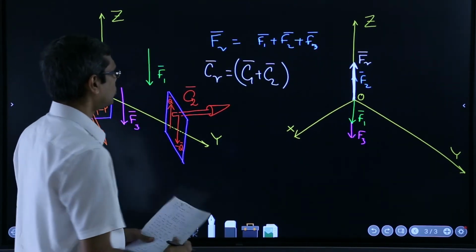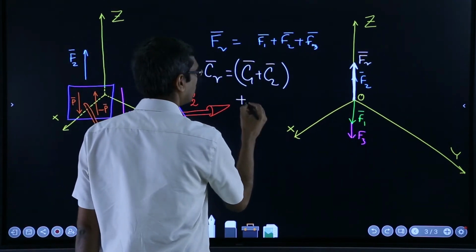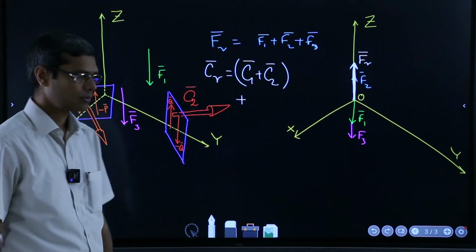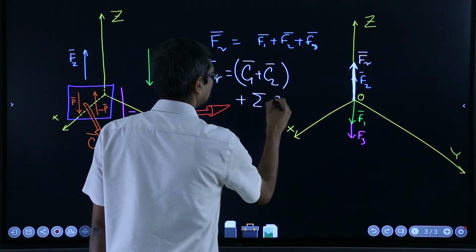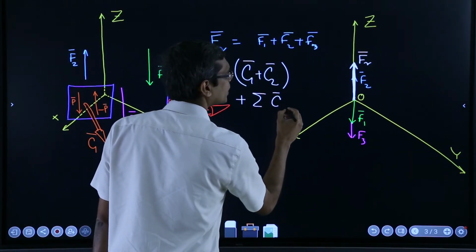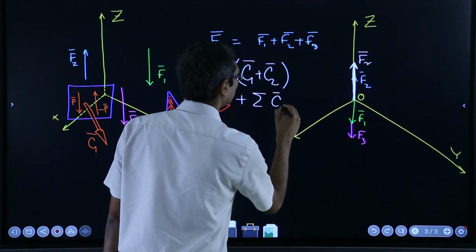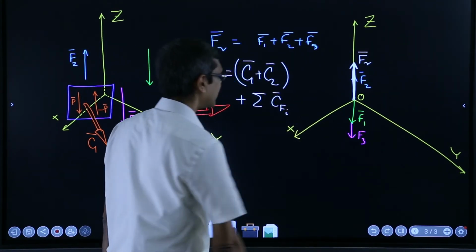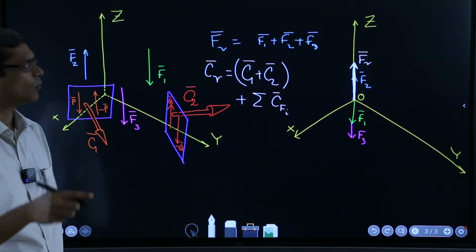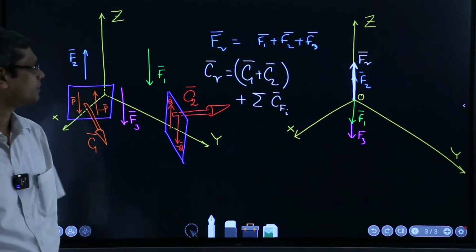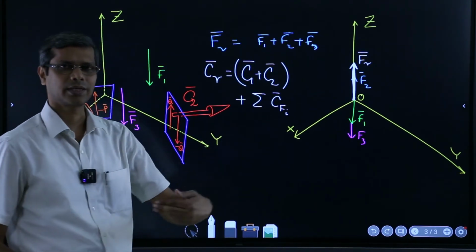Those are one type of couple moments which can be directly added up, but then there is another portion which comes because we are moving the forces, right. So that I will call the summation of the C's that are coming up because of the forces. Like in the previous segment, we said that because of the ith force movement, this couple moment has come.